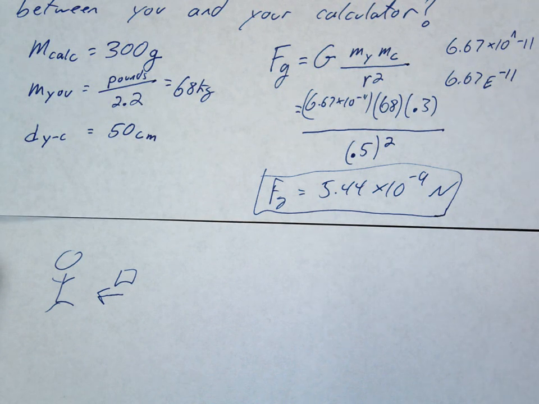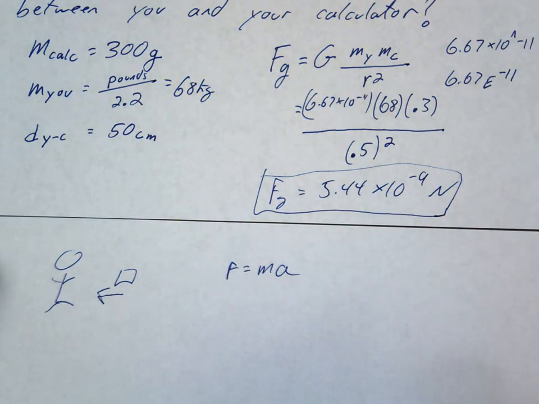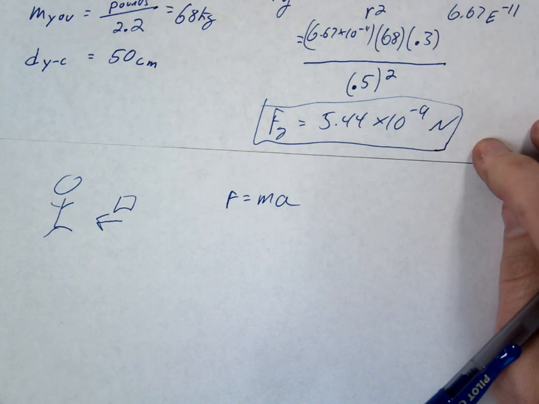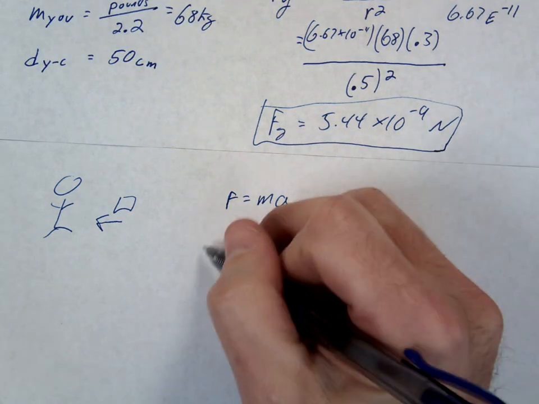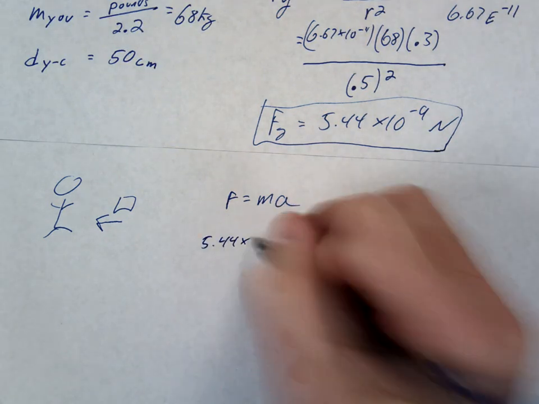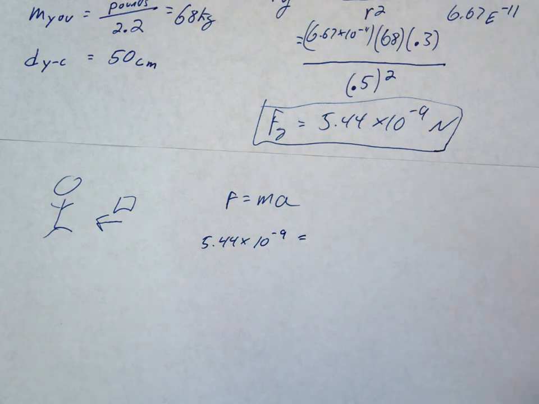How could we find its acceleration? Okay, F equals ma. So let's just do it for fun. F equals ma. Let's find out the acceleration of the calculator. Just curious then, if you're on the International Space Station, why are they afraid of floating away, if they should be naturally floating together?